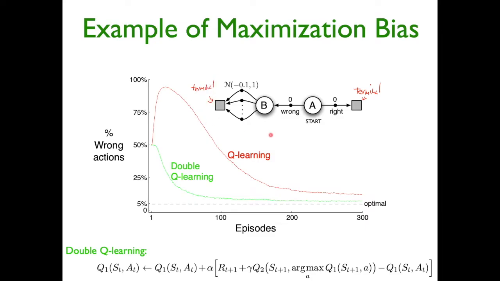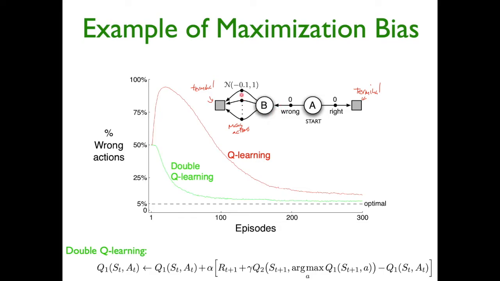On the left, instead, we get a second choice, and in B there may be many possible actions. The reward you get depends on a Gaussian distribution with a wide variance and a mean of minus 0.1. Then you get to the terminal state, and you stop.